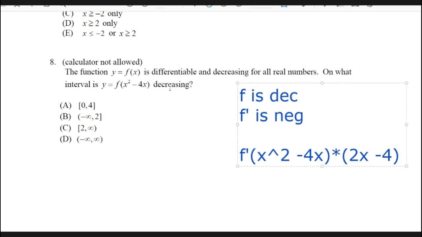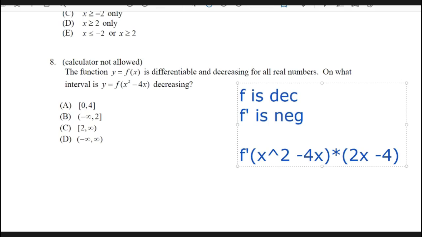So then to find the interval in which this part is decreasing, you would need to find the areas in which this linear part is positive. So if you said 2x minus 4 equal to 0, then you get 2x equals 4, and 4 divided by 2 is 2. So we get x equals 2. So then I know my breaking point is at 2.